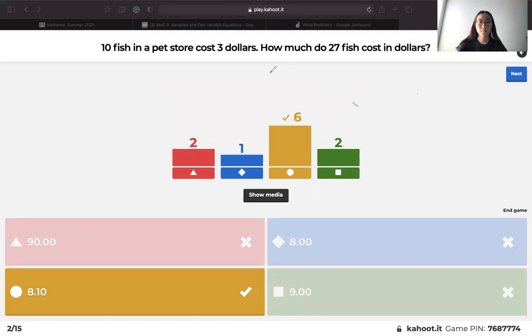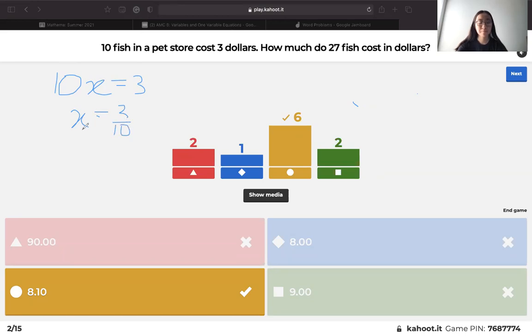So here, 10 fish. We're trying to find the cost of each fish right now. So 10x, the cost of each fish, equals 3. So then we get that x equals 3 over 10.